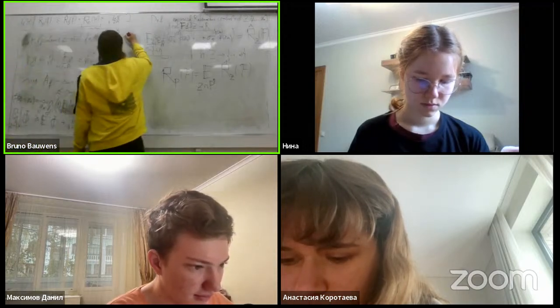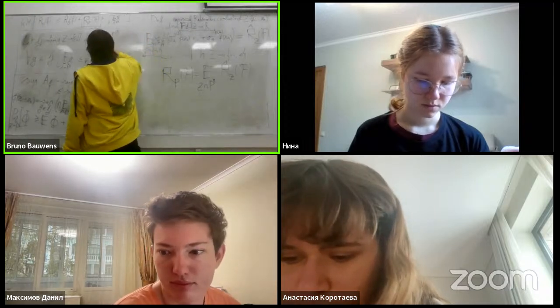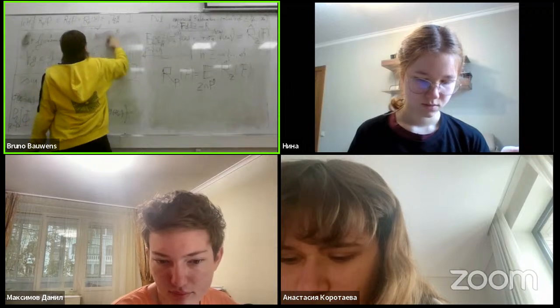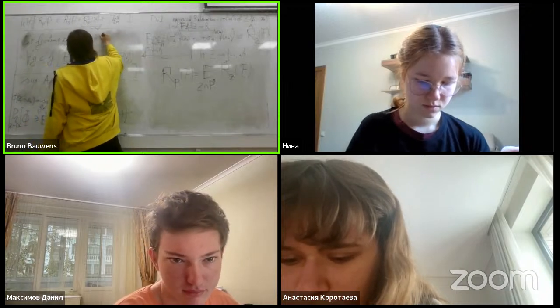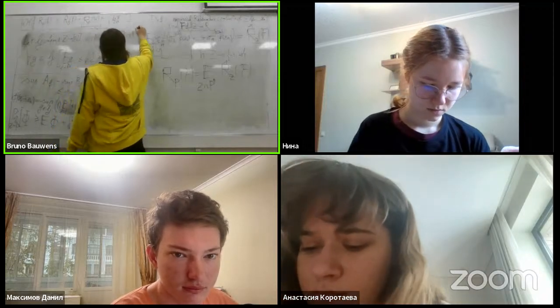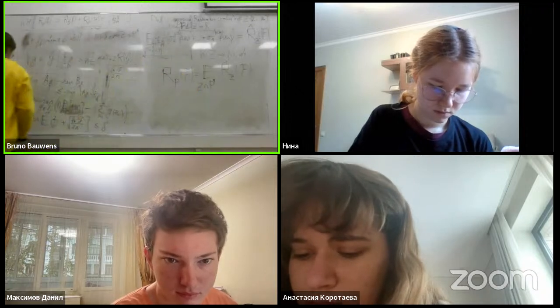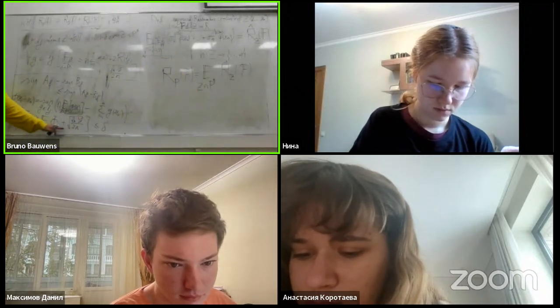And here we have with probability 1 minus delta. So here we have the bounded difference inequality.